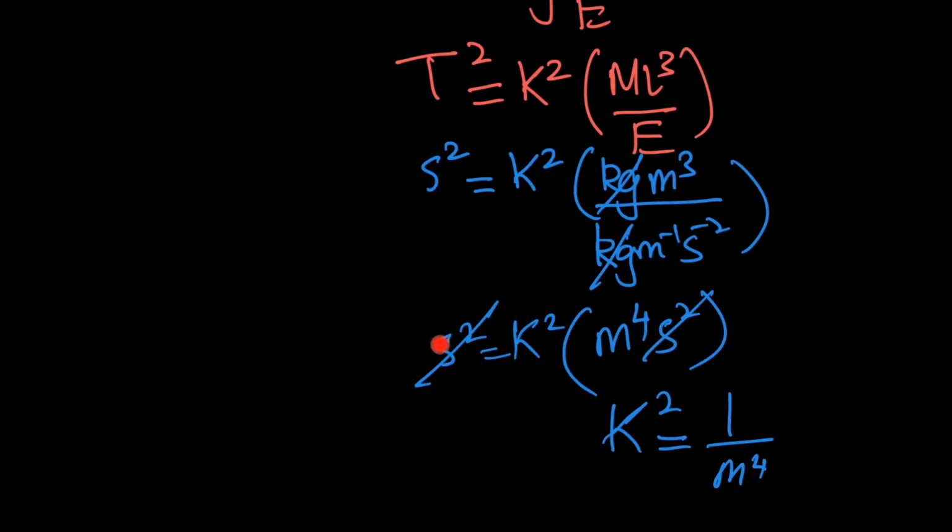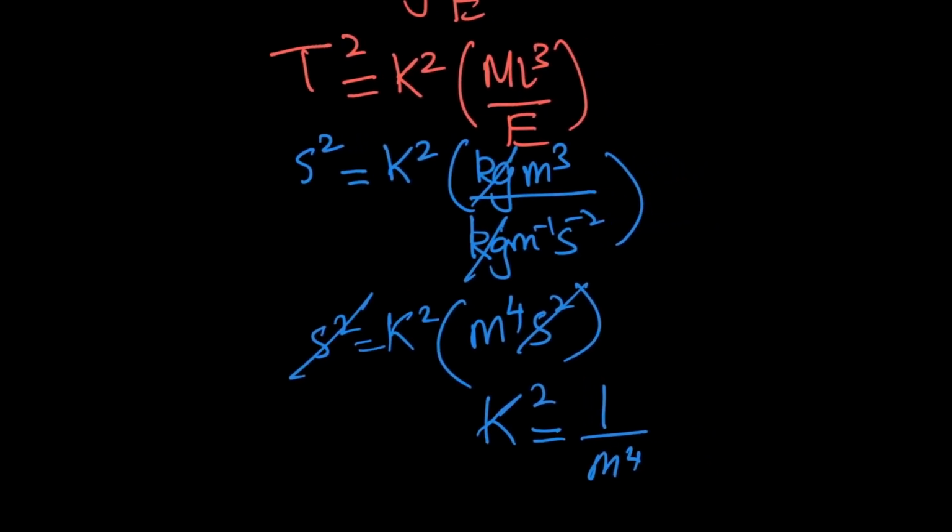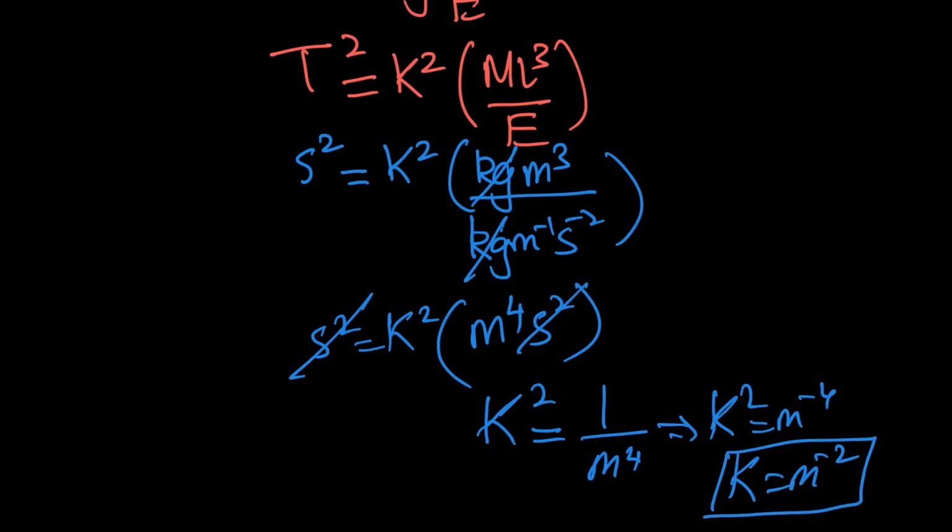When you take it to this side, यहाँ पे 1 है, so 1 over m की पावर 4 बन जाएगा. Now if I drag it here and you simplify it, you can write this as k squared is equal to m की power minus 4 and k would be m की power minus 2. I hope you understood that question.